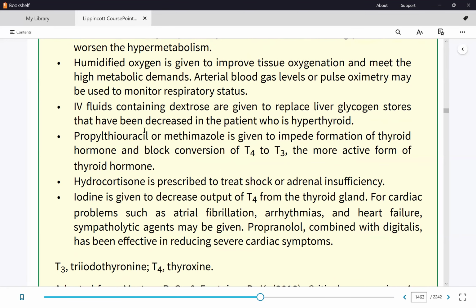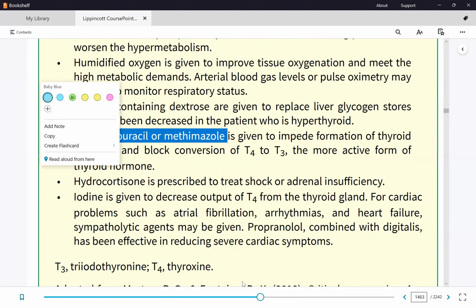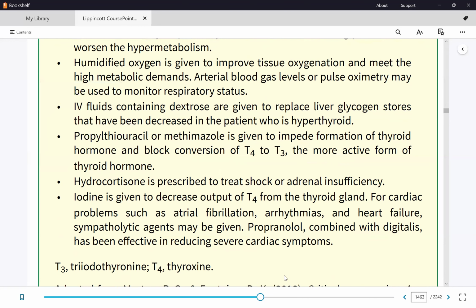Okay. The rule actually is if you're going to give both, you should give it 1 hour after PTU or methimazole. Again, how long? 1 hour after. Why? Now, let me explain how PTU or methimazole work. These two drugs prevent iodine from binding in the thyroid gland.